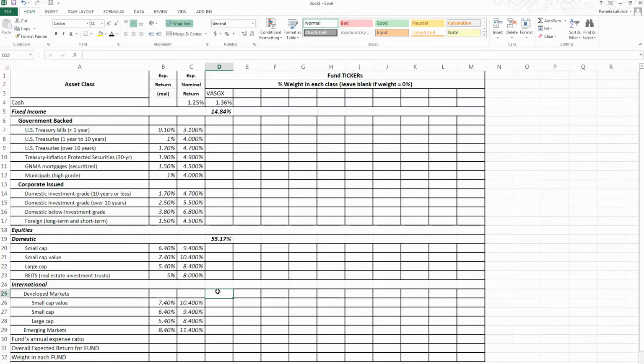I'm sorry, I'm perhaps making this look more complicated than it actually is. So now, for international, the Life Strategy Fund had 24.22%. So this should add up to about 96% for my particular fund.